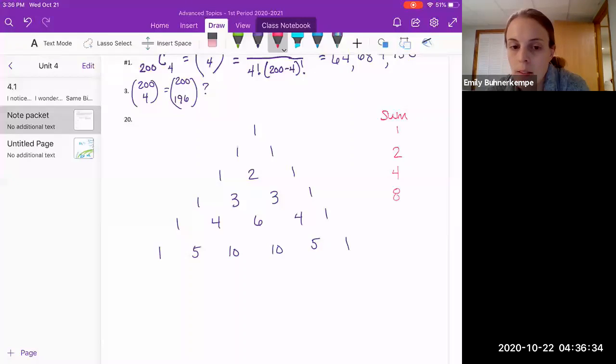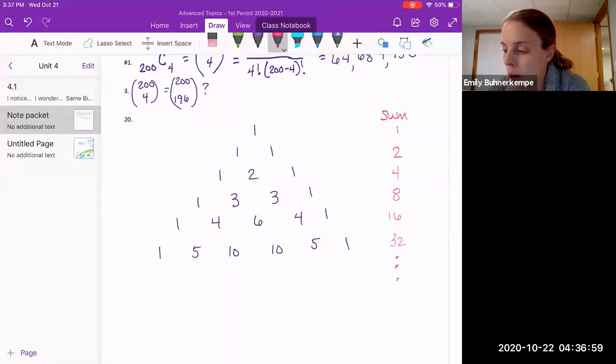That's 8. 1 plus 4 plus 6 plus 4 plus 1. That's going to give us 16. And then 1 plus 5 plus 10 plus 10 plus 5 plus 1 is 32. And this pattern is just going to keep continuing.